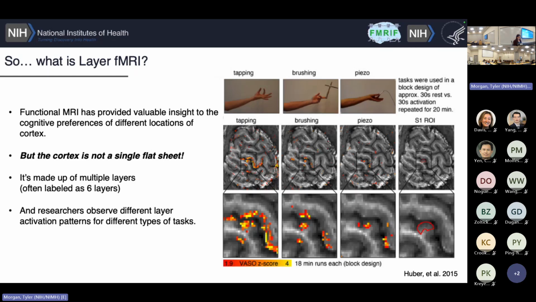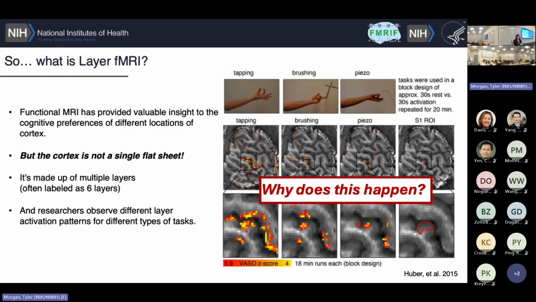We can easily ask why this happens, and what the neuroscientific backbone of it is. I would say that's our definition of layer fMRI: the study of not just where in the brain we care about, but also why this particular organization happens in cortex.